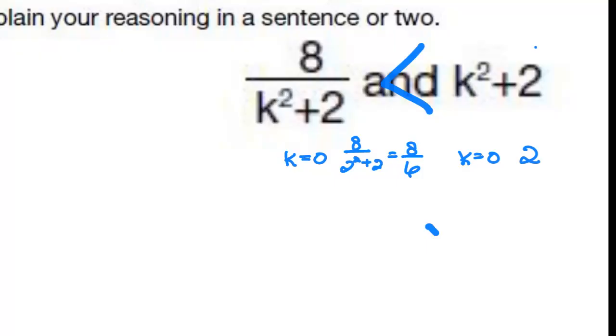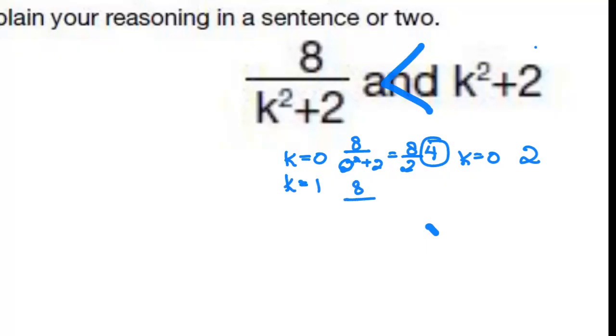No. Wait, you said k is 0, so it would be 0 squared plus 2. Oh, 0, not 2. So this one is actually 8 divided by 2, which is 4. So which one is bigger in that case? This side is bigger, but let's go to 1.